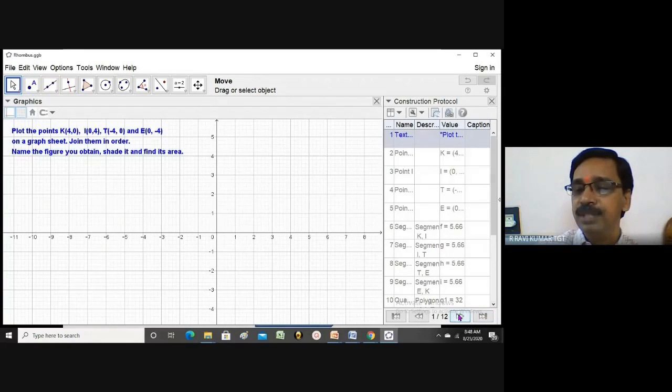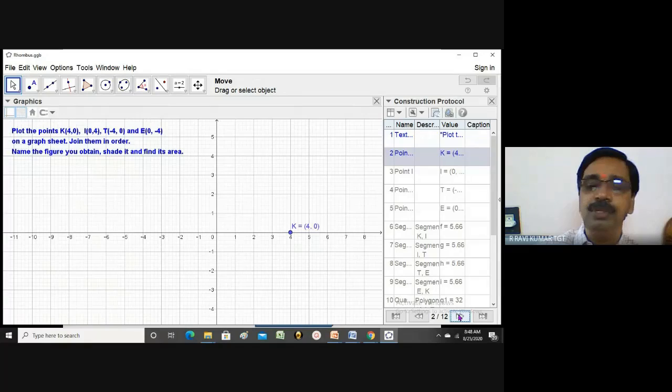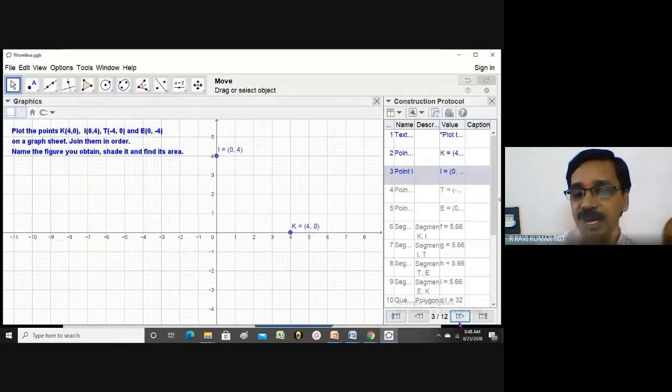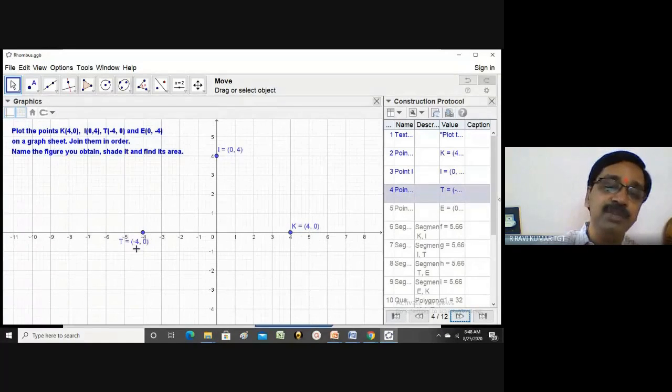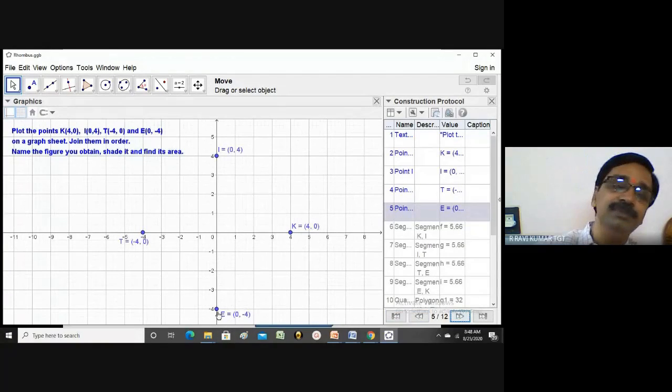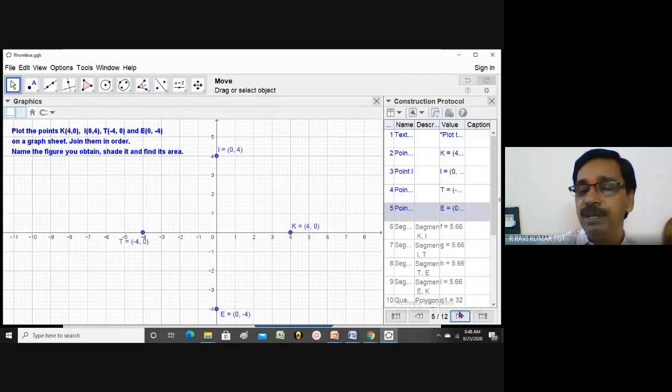The next step is to locate the points. K is (4, 0) on the positive side of the x-axis, and I falls on the y-axis. T falls on the x-axis again, but on the negative side, (-4, 0). Again, E is (0, 4). So you can join them in order.